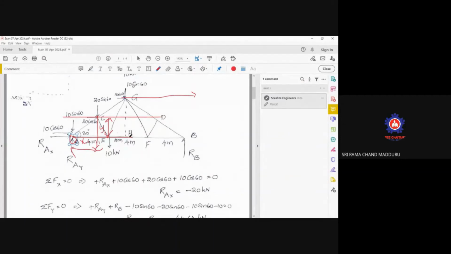From here, the GH distance is to be calculated to get the perpendicular distance. Whereas for the 10 sin 60, you need to get the perpendicular distance from here to here.